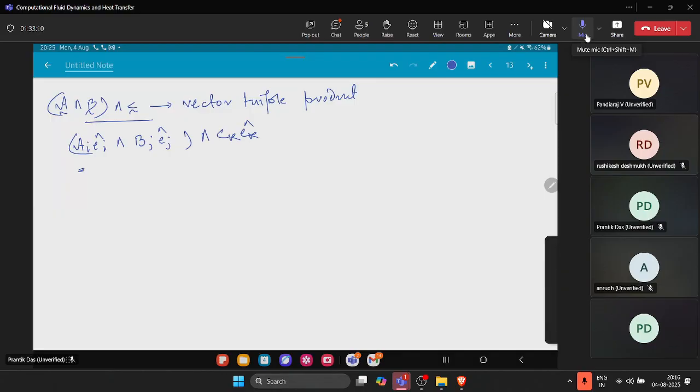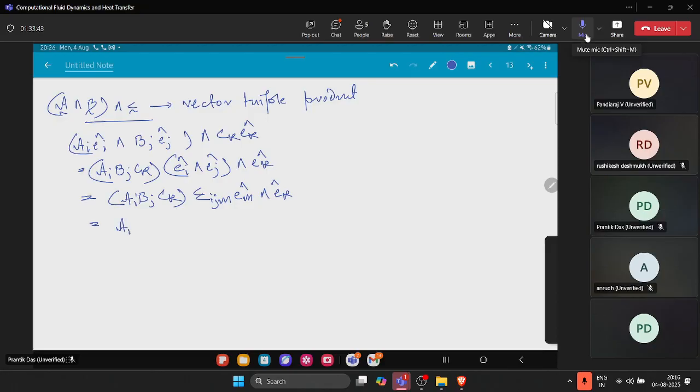So AI, BJ, and CK are scalars, so they come to one side, and then we have EI cap cross EJ cap cross EK cap. Then this becomes AI, BJ, CK, epsilon IJM EM cap cross EK cap.